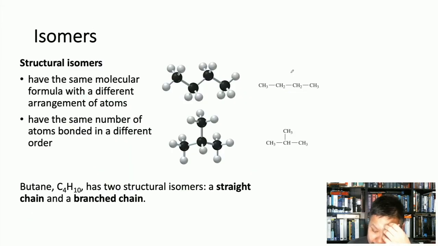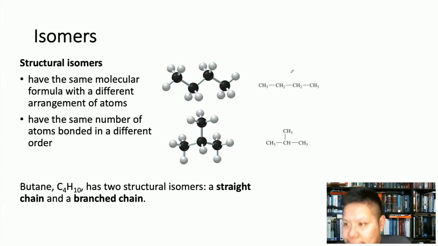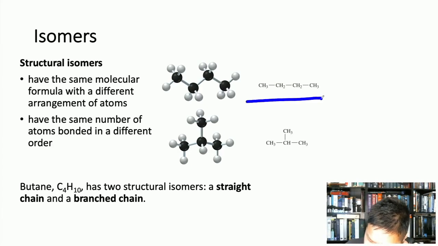So, interestingly, hydrocarbons can form isomers, structural isomers. What an isomer is, it's a molecule with the same formula, right? But is connected differently, right? Its atoms are connected in a different way. So here we have butane, and butane here is connected in a straight chain manner, right?